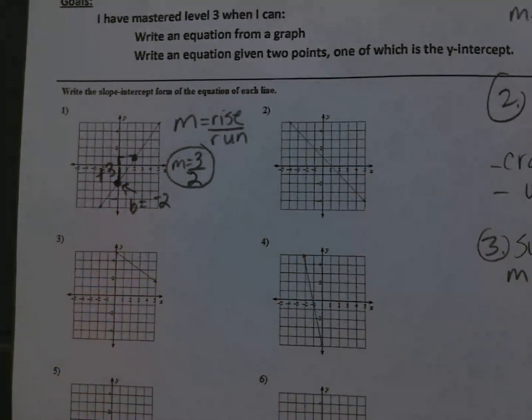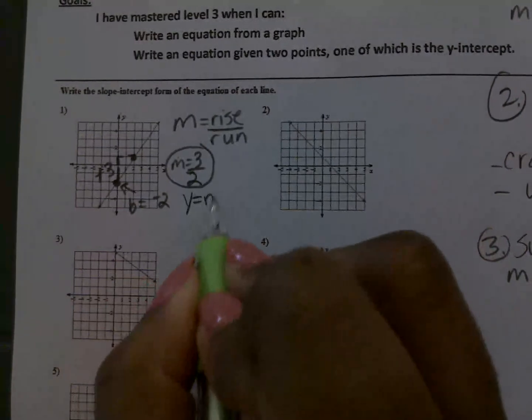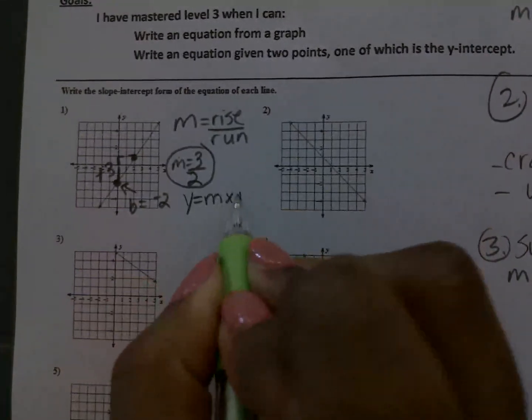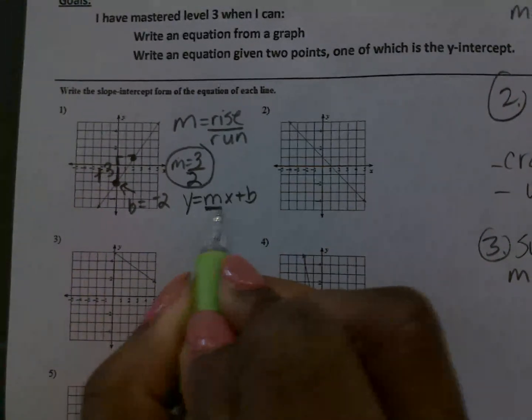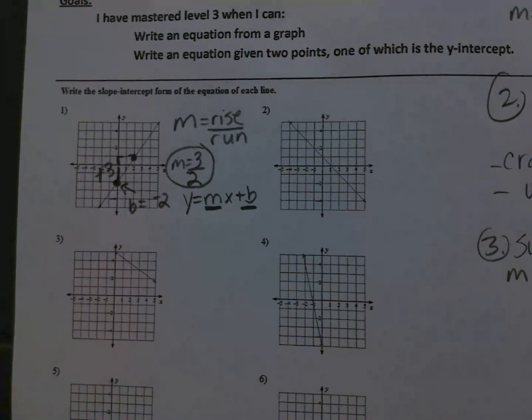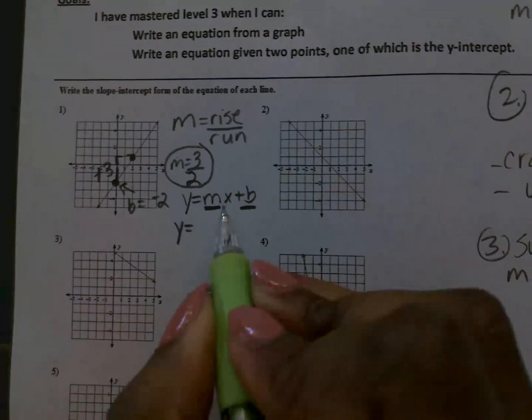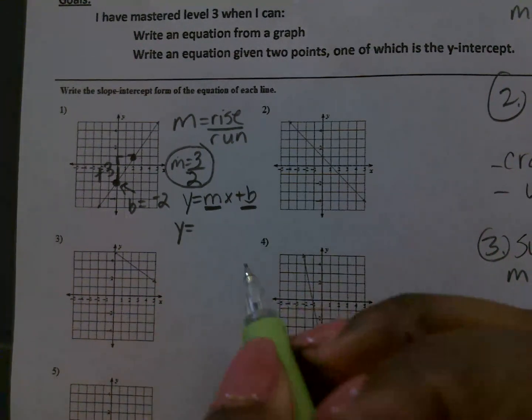So now I'm going to write the equation in slope-intercept form. Slope-intercept form is y equals mx plus b. I'm going to replace the m and replace the b. So how would I write this as an equation? Y equals... What's the slope?